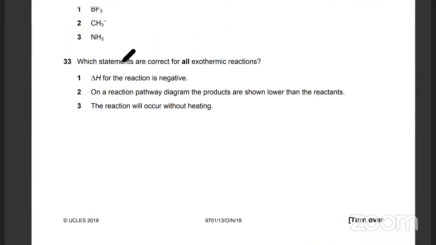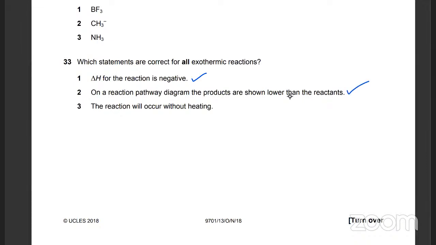Next one: which statements are correct for all exothermic reactions? Delta H for the reaction is negative. That is obviously correct. On a reaction pathway diagram, the products are shown lower than the reactants, and the reaction will occur without heating. Are all three correct or not? Second is correct.